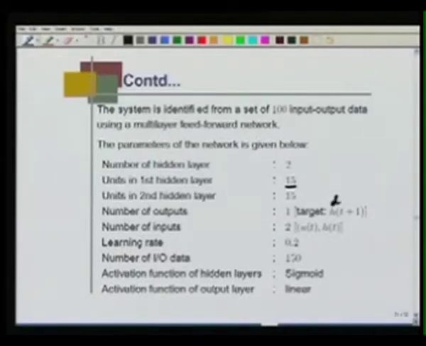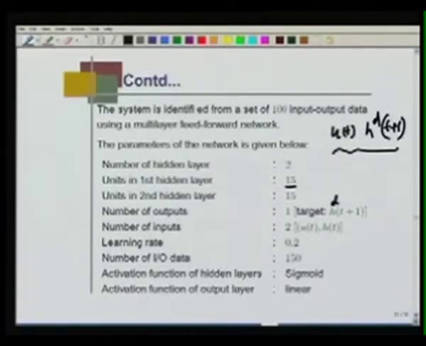Whatever the desired output that we got from the data, we represent in this term ut and h desired t plus 1. This we get from the system equation. So, this is my desired output hd t plus 1 given ut.